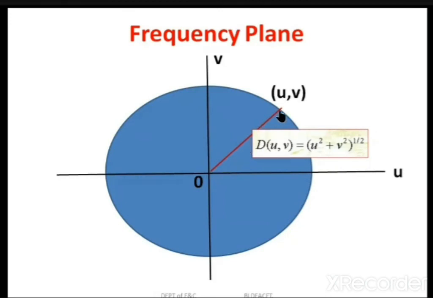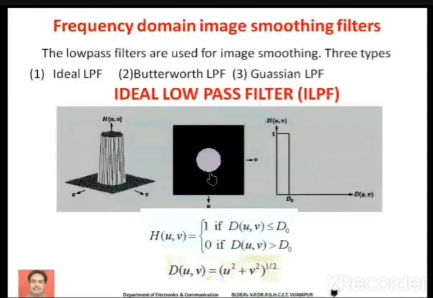So this diagram indicates that from the origin up to this point, the signal is allowed and filtered, but above this D naught, wherever we have shown black color, those components are attenuated or blocked. This is the meaning of this diagram.